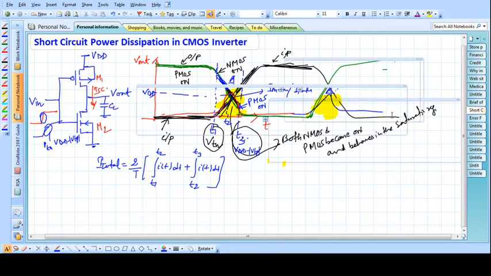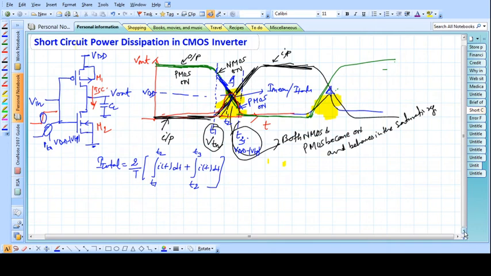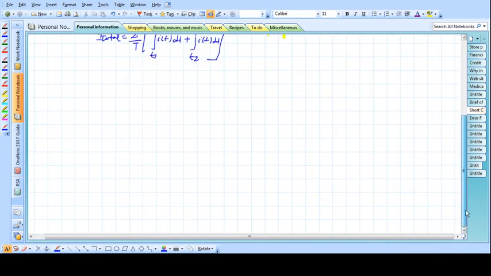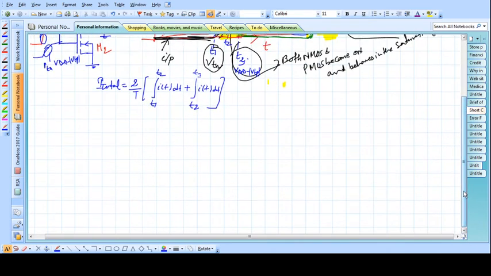Now for the calculation of I total, we are saying that the circuit is in the saturation region, and this slope is also the same as that of this one.